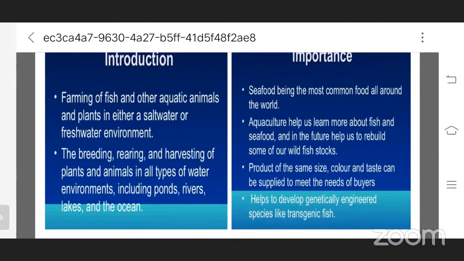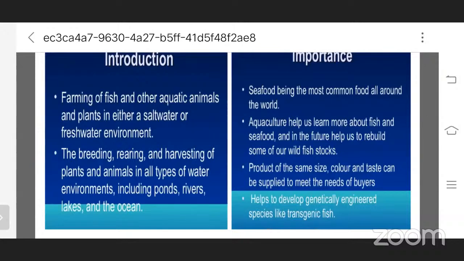So what is the aquaculture, and what is the activity behind it? The actual function is the breeding of aquatic animals and the harvesting of plants and animals living in aquatic environments, which we discussed previously.